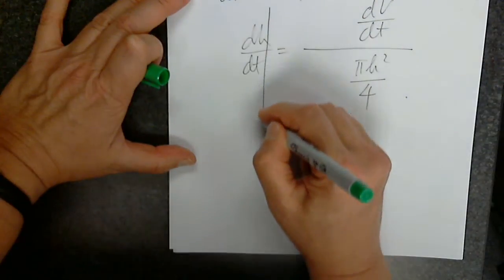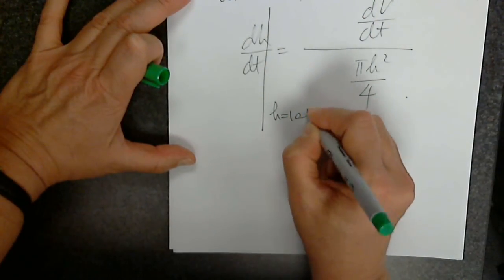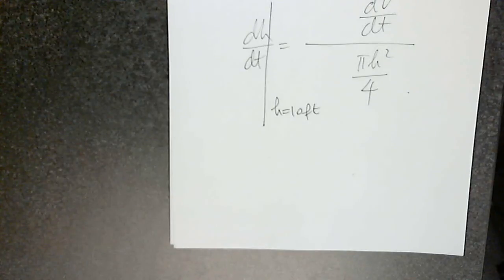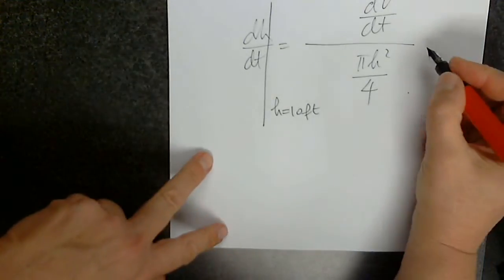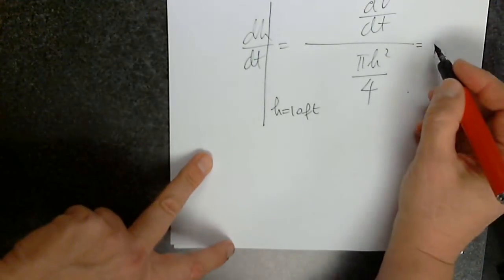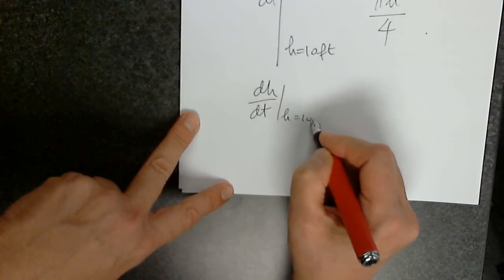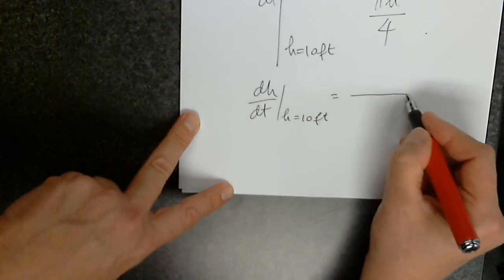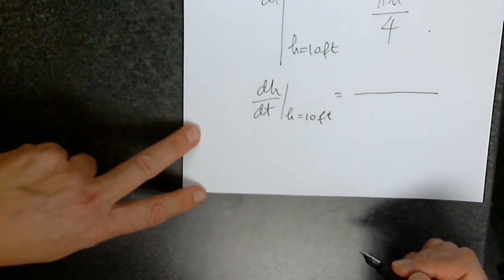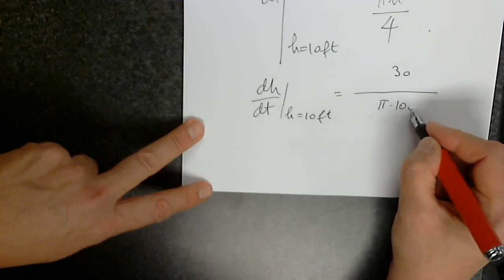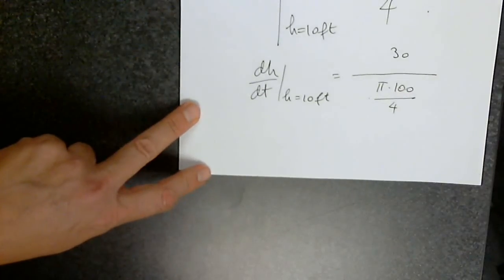Now I can evaluate it when h is 10. I could not have done this before. That 10 meant nothing. So what is dV over dt? It was given to us: 30, then pi, and then 100, and then over 4.